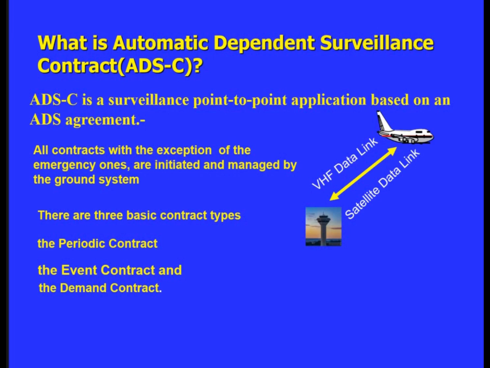The event contract specifies a requirement for a downlink ADS report to be assembled and sent whenever specified events occur. Multiple event contracts can be established between a ground system and a specified aircraft.